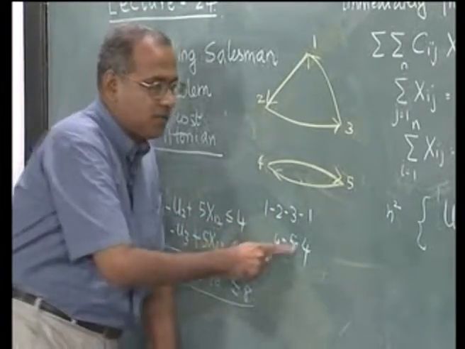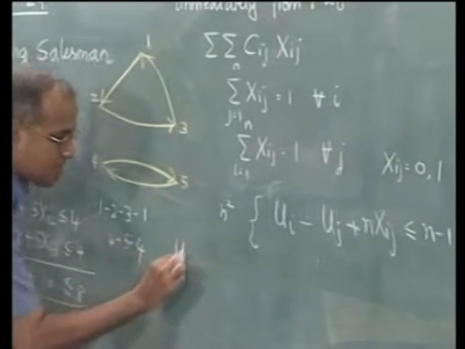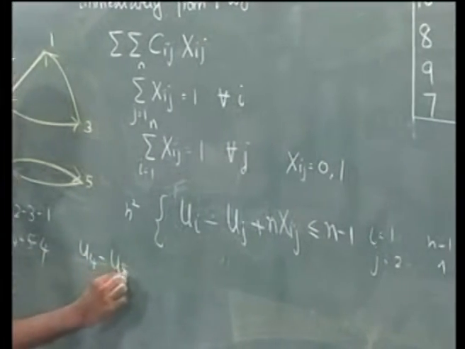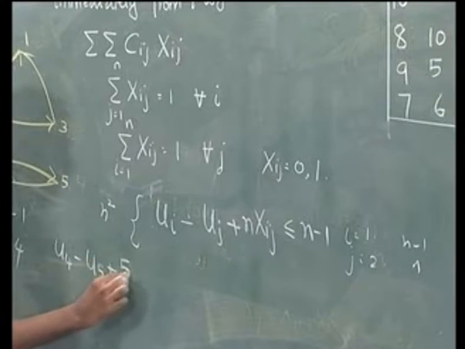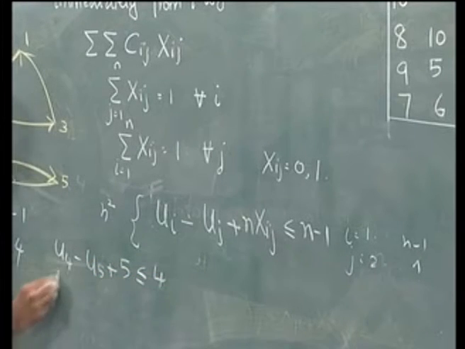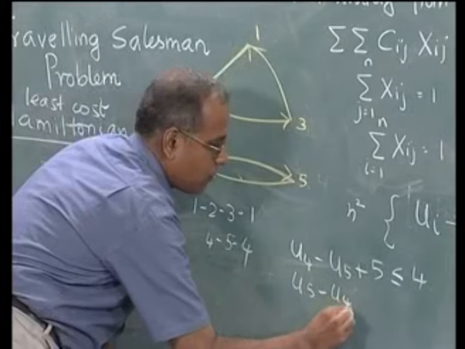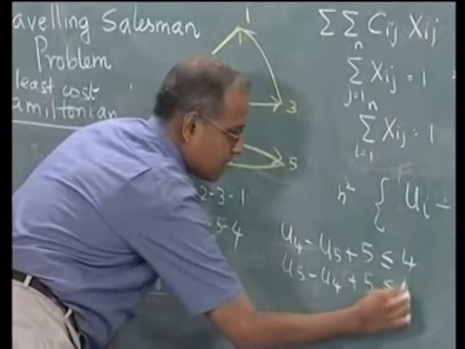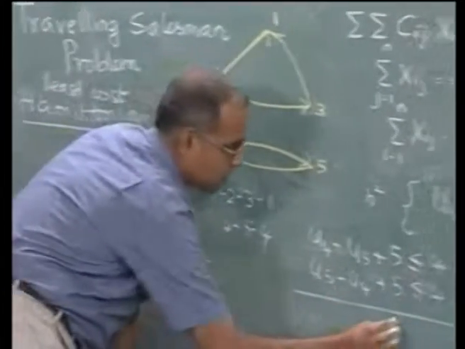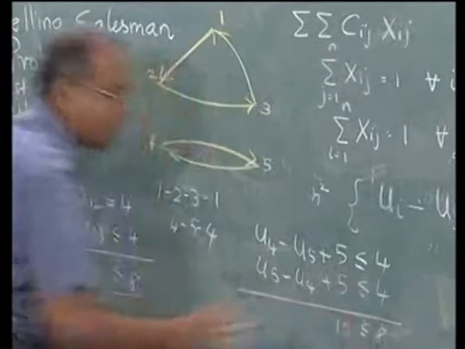So, what are the corresponding equations here? This is u4 minus u5 plus 5 is less than or equal to 4, and u5 minus u4 plus 5 less than or equal to 4. Adding these two, 10 is less than or equal to 8.